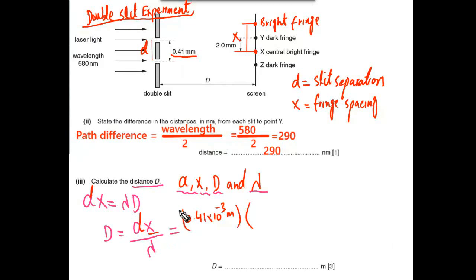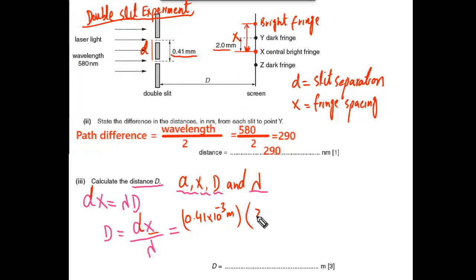Now x is the fringe spacing. You can see it is given to us as 2 mm, but this is from bright fringe to dark fringe, and we need to find it from one bright fringe to another bright fringe. So we have to multiply this by 2, because this is half, so it has to be doubled.